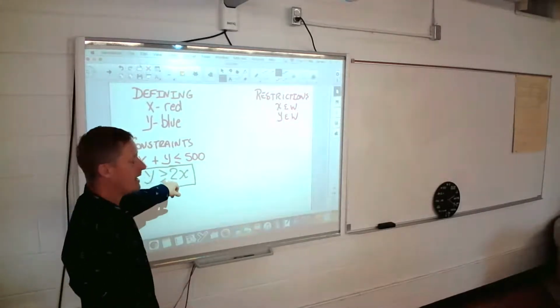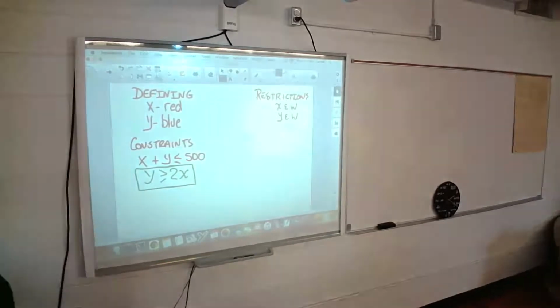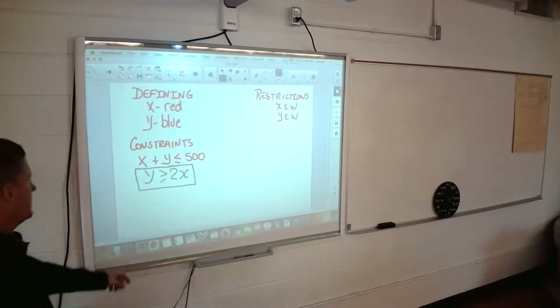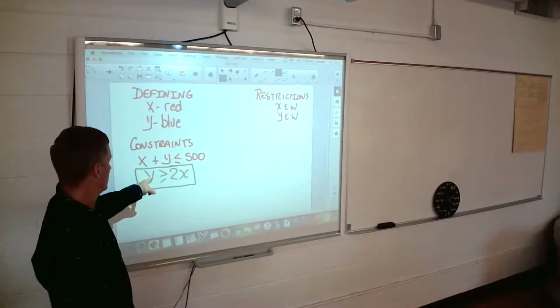Now this part here is the part that I suspect didn't quite make sense at the moment. When I said, hey, I could actually have 3 blue shirts, and that still satisfies that statement. If I have 1 red shirt, I can have 3 blue shirts. That makes that true. Because when I put it in, 1 times 2 is what? 2.